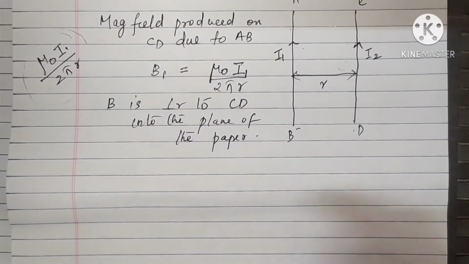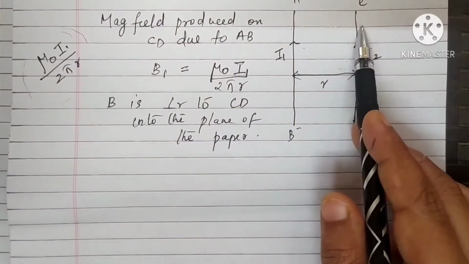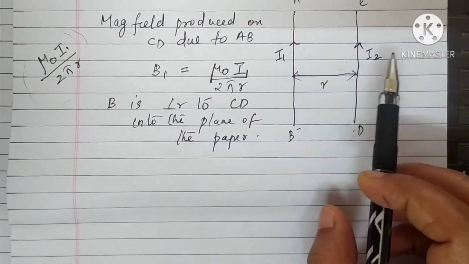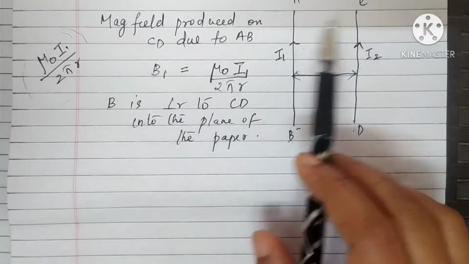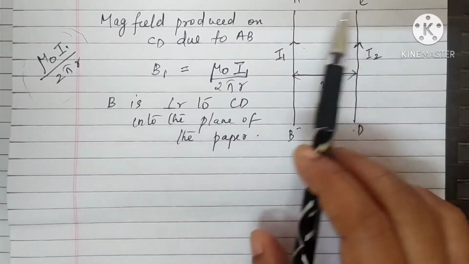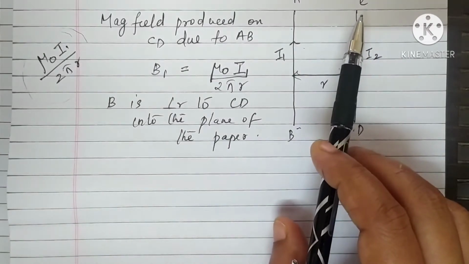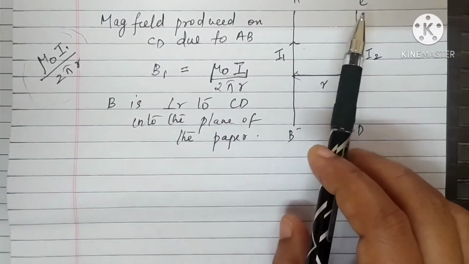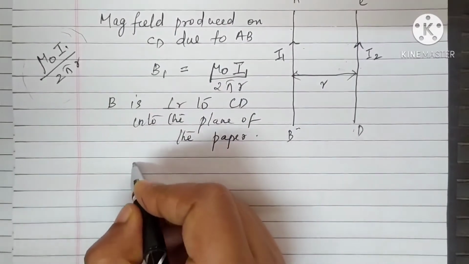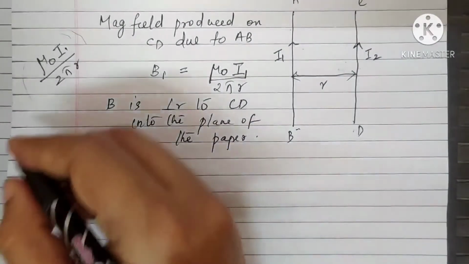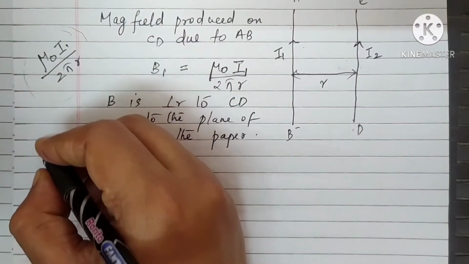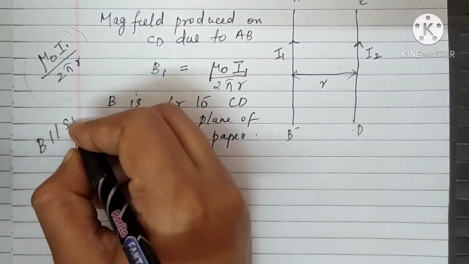Now you can find the force. Force per unit length on the conductor CD, isn't it? So a current carrying conductor placed in a magnetic field will experience a force. Since there are two conductors, you have to find the force between these two, because there is a mutual interacting force between these two. So the force is given by F1 is equal to, we just have seen the derivation for the force, that is B I l sine theta, isn't it?